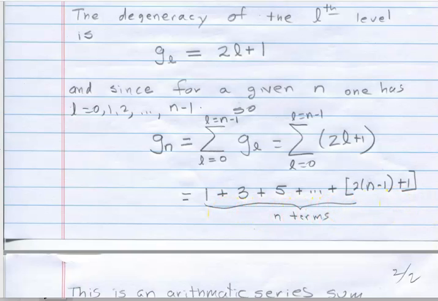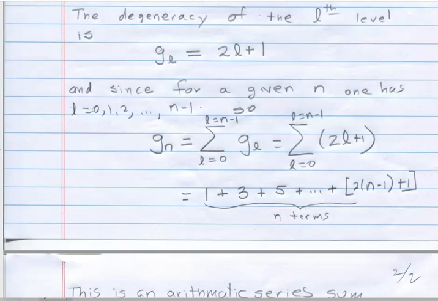Now, if you look at that, that is what the mathematicians would call an arithmetic sum. In an arithmetic series, the difference between any two terms is always a fixed amount. And here we're going up by 2's each time. And so this is an arithmetic sum.